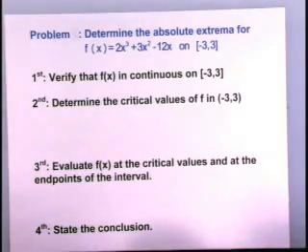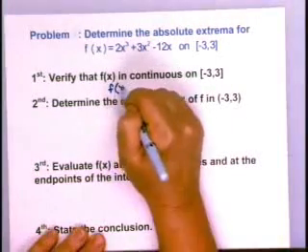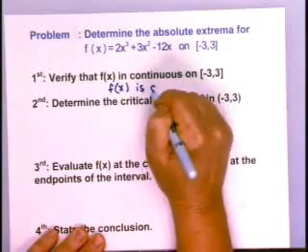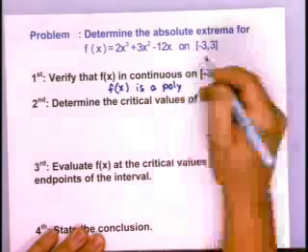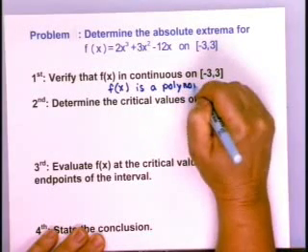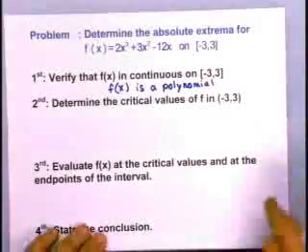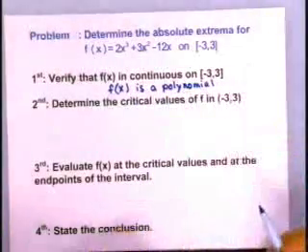Well, the function 2x cubed plus 3x squared minus 12x is a polynomial function, and polynomial functions are continuous from -infinity to infinity, or on their domain. So I'll just simply state f of x is a polynomial.